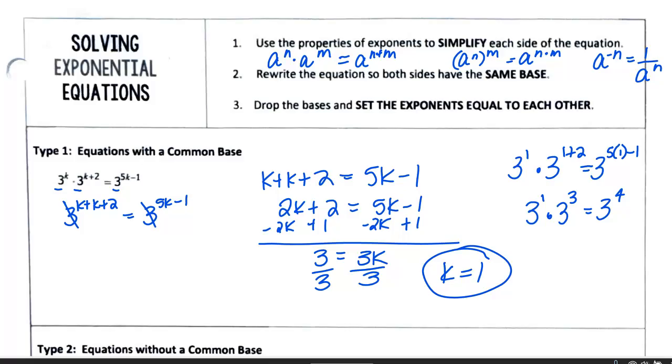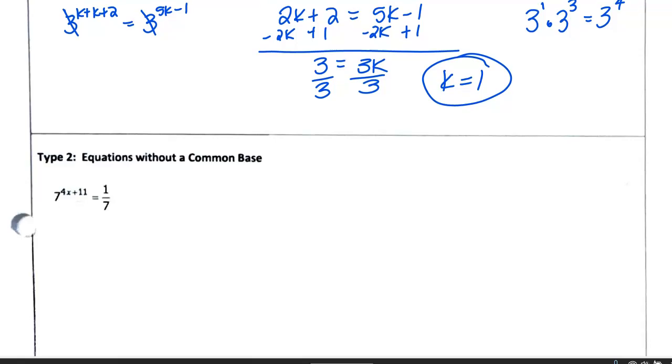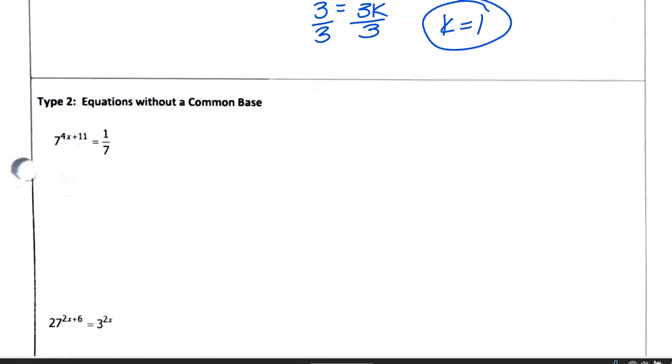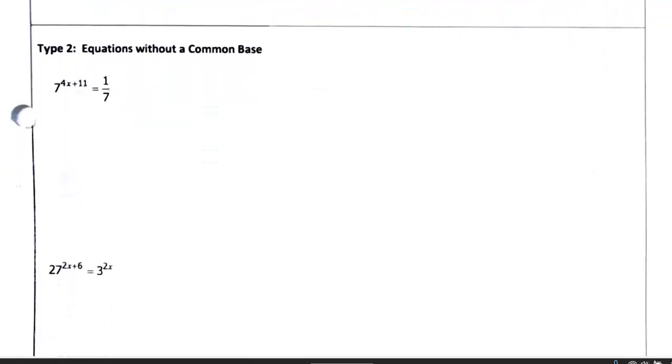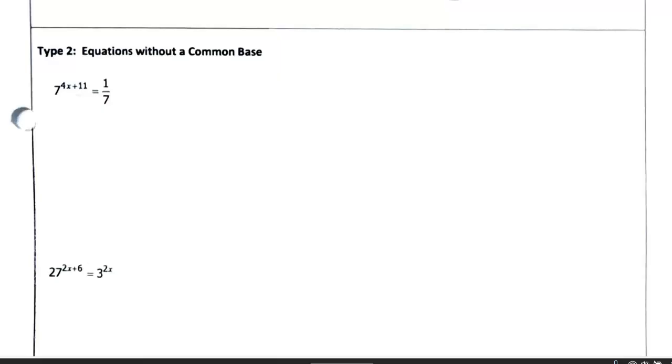All right, let's talk about the second case, which is not as easy, but what we're going to do is make it super easy by making it have the same base. That's our goal. We just have to do a little bit of rewriting and some problem solving. The first one is 7 to the 4x plus 11 equals 1/7.